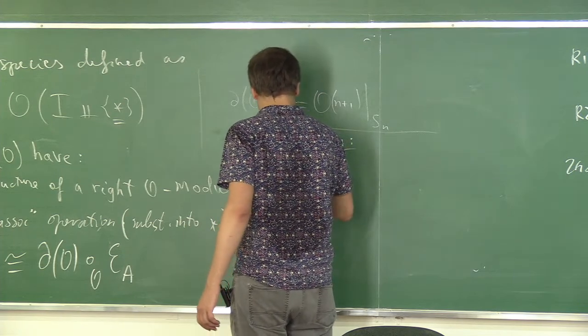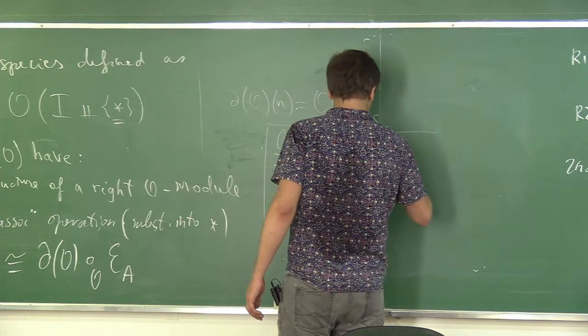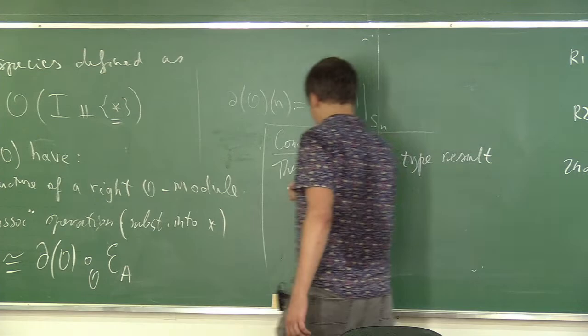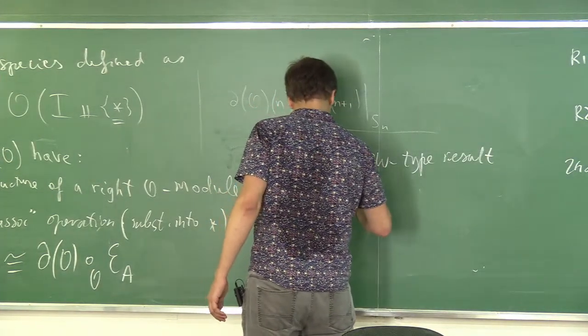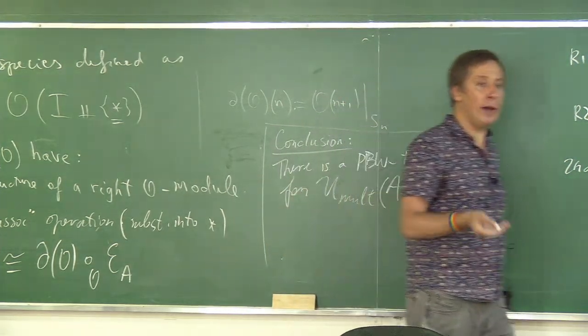Well, there is a PBW type result for the multiplicative enveloping algebras in the same way as yesterday.